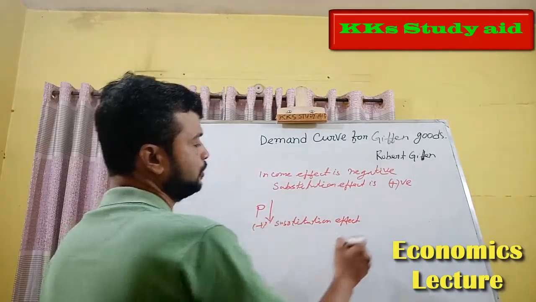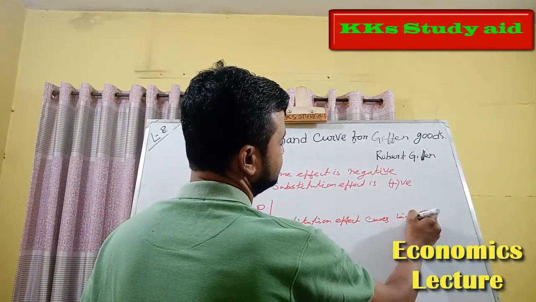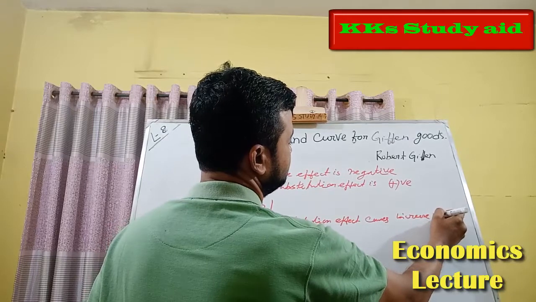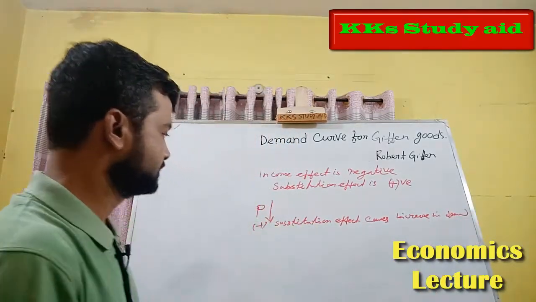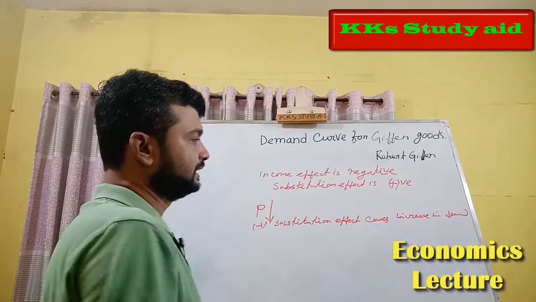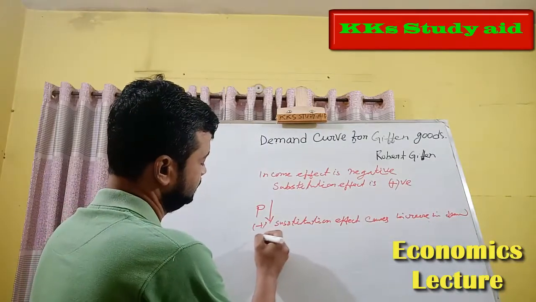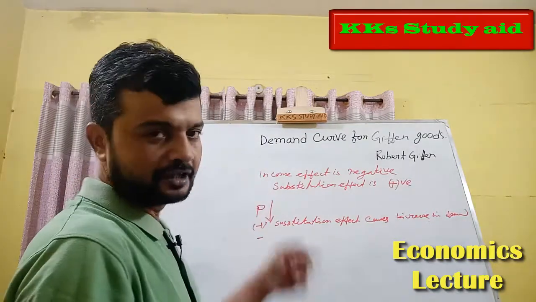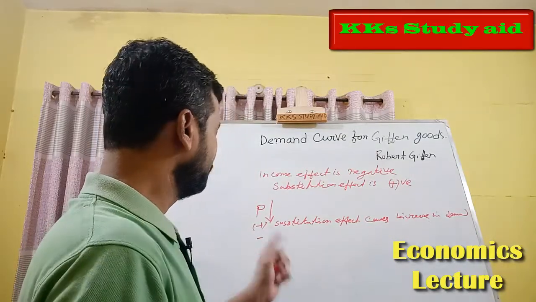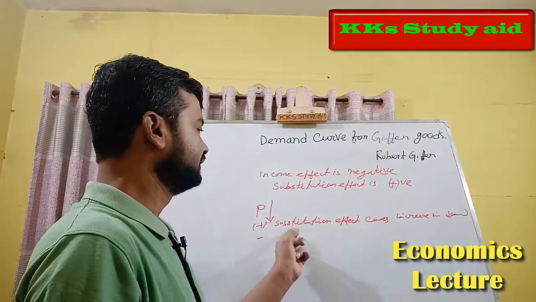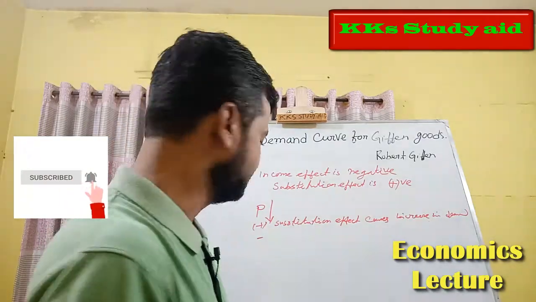Positive substitution effect causes an increase in demand, but this increase in demand is very negligible because Giffen Goods have very few substitutes. So when the substitution effect occurs, the increase in demand due to it is very negligible.